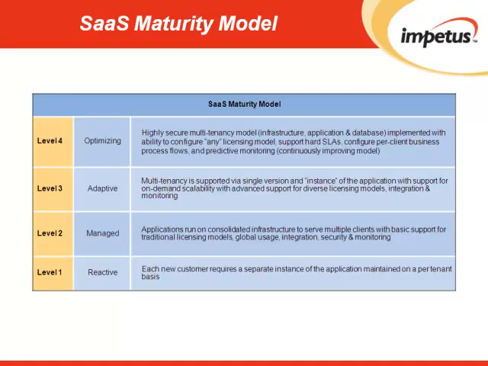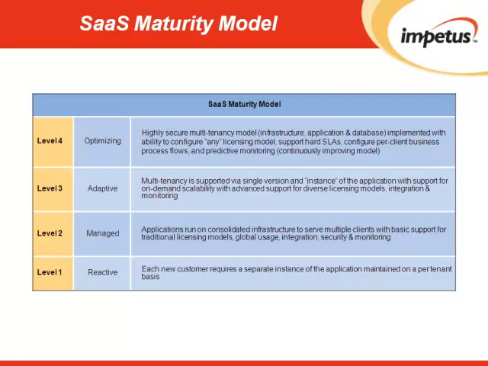It also provides a very objective outlook as to how to achieve higher maturity levels by providing a concrete roadmap. The model defines 4 levels with increasing SaaS maturity, starting with the reactive model. The reactive model is easier to achieve, but it is least cost effective, and optimizing is the most mature in the hierarchy, as well as the most cost effective of all.